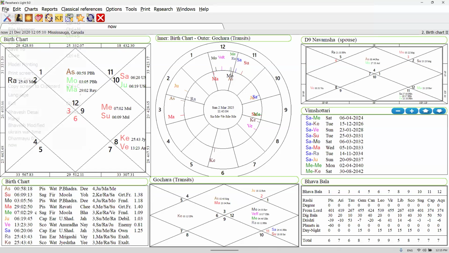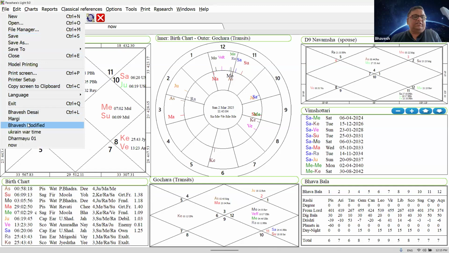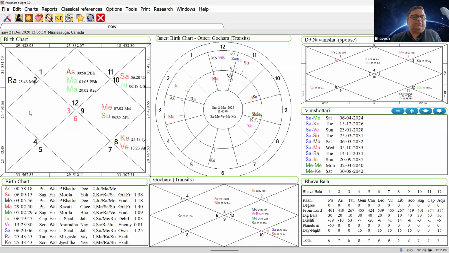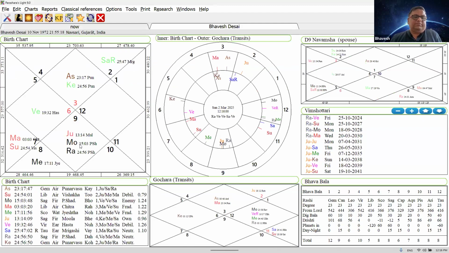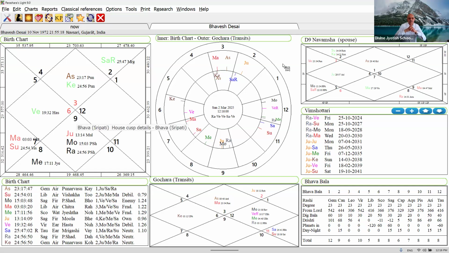Let me open my own chart. My moon is sitting in Sagittarius, number three, so my Rashi is Sagittarius. That's the name.